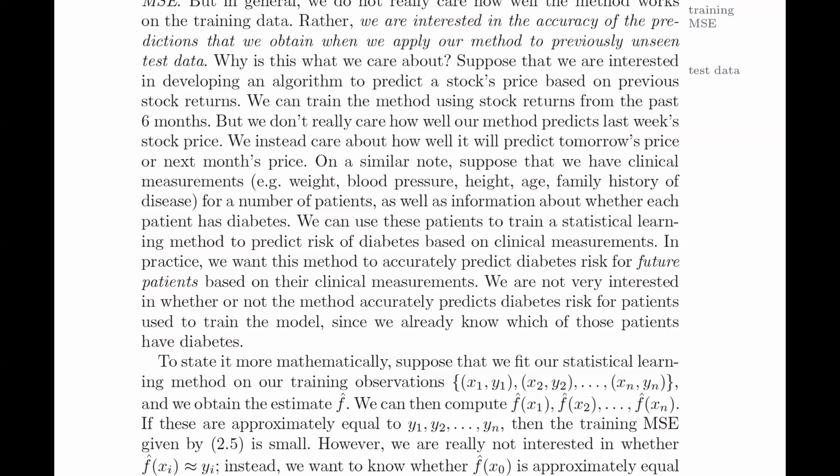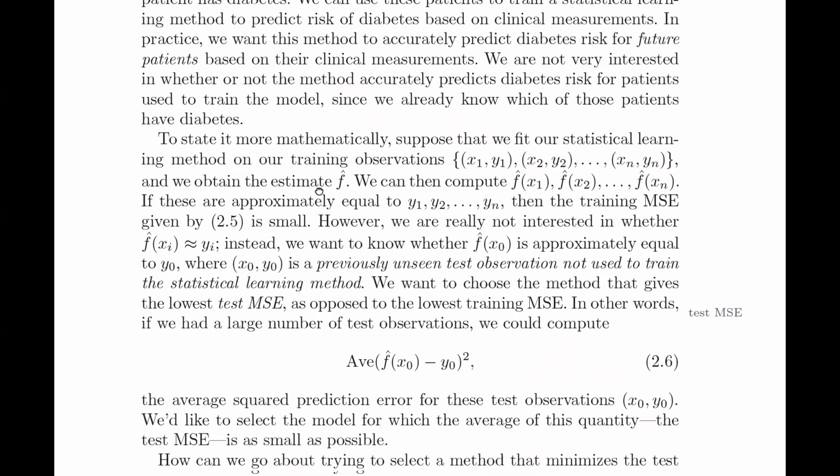If you are more susceptible to diabetes, then that means that, at a younger age, you already know that perhaps a certain diet is going to increase your chances of diabetes. We are not very interested in whether or not the method accurately predicts diabetes risk for patients used to train the model, since we already know which of those patients have diabetes.